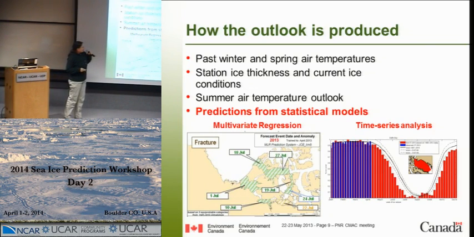The OFB, or the optimal filter-based model, is used more for time series forecasting, so for Baffin Bay, which is this area, the evolution of the ice concentration in weekly bins through the melt season. And we also have a canonical correlation analysis model that we're testing for Beaufort Sea and for Hudson Bay.